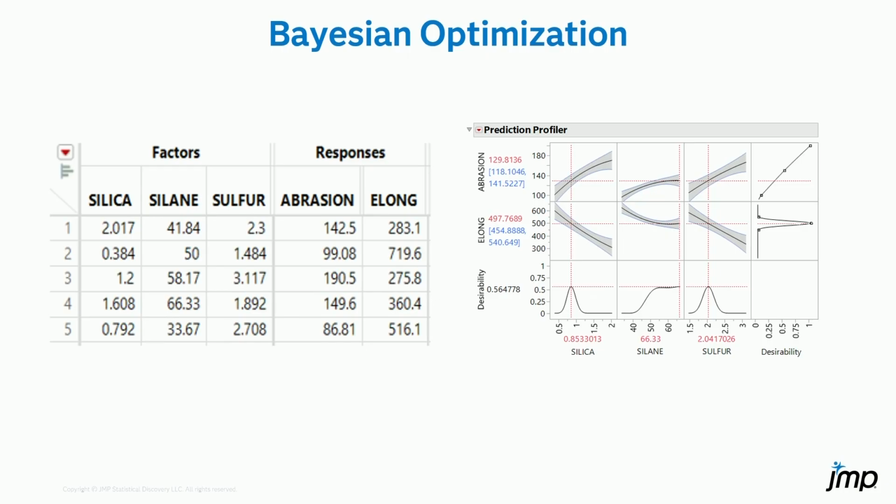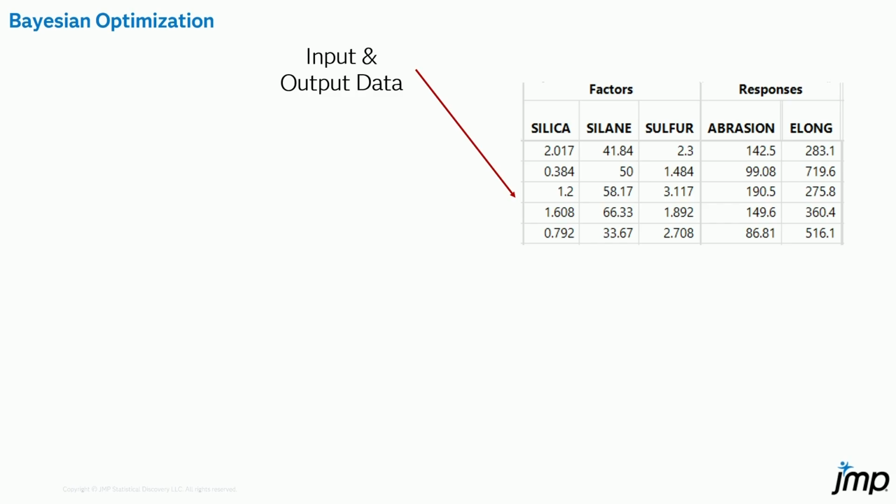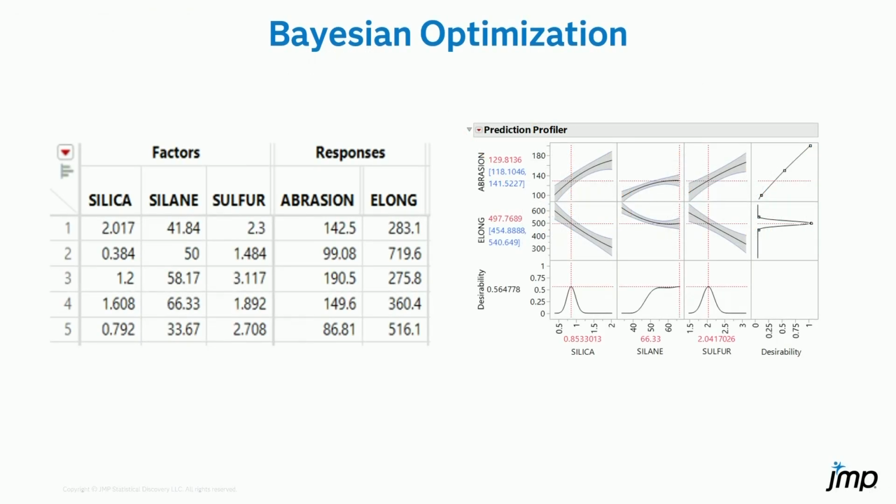We want to maximize the abrasion response while matching a target on the elong response. The original data had 21 runs, but here I simulated a new version of it with just 5 runs from a Latin hypercube space filling design for demonstrating the new platform.